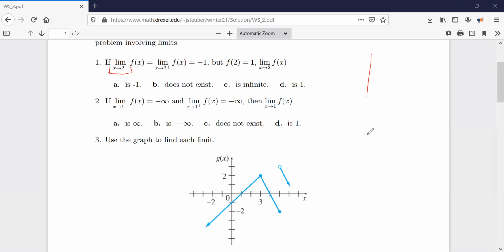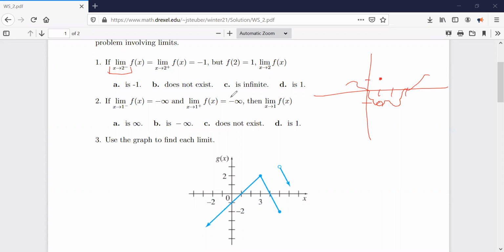So we've got something that looks something like this, say. This is how the function basically looks with that hole there, but it's filled in up at 1.